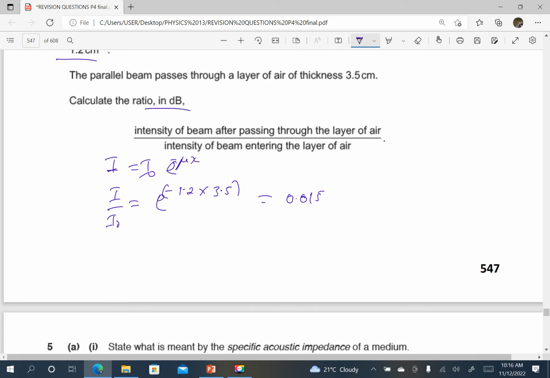If we want the ratio in decibels, that is 10 log of 0.015, which is equal to negative 18 decibels.